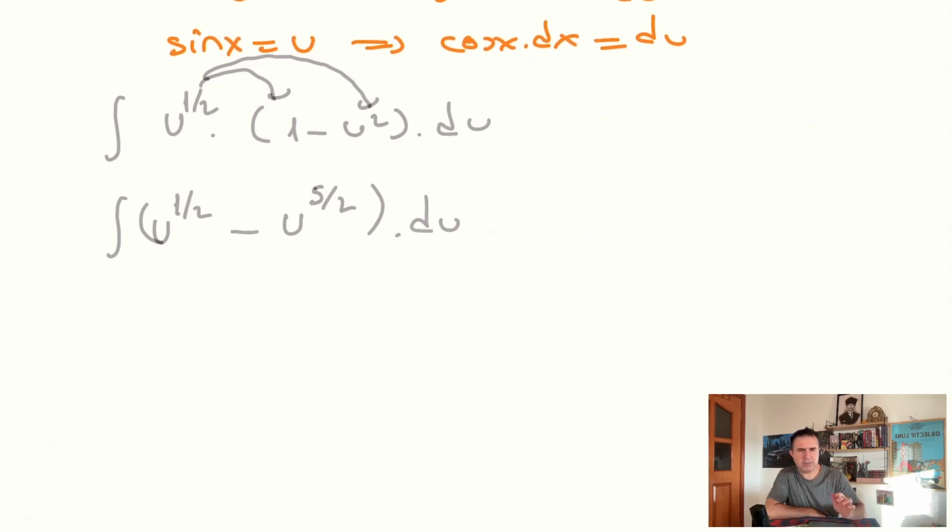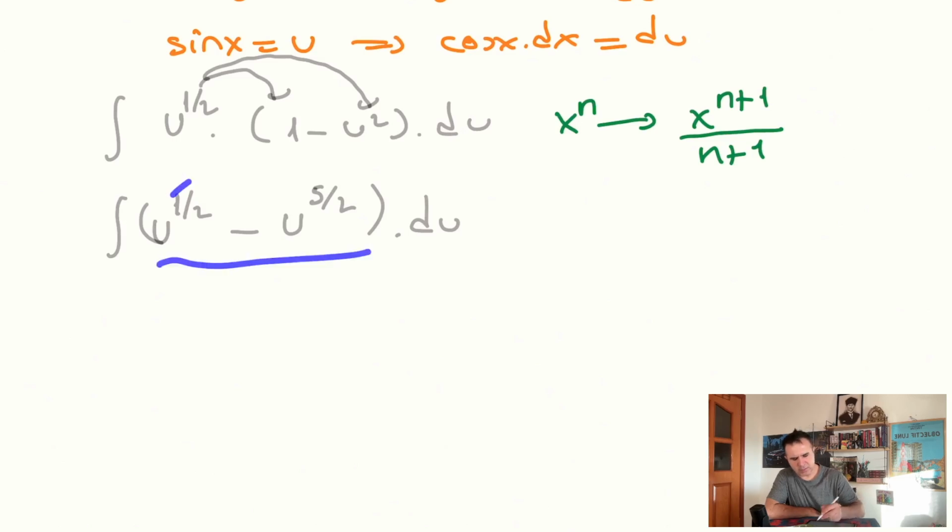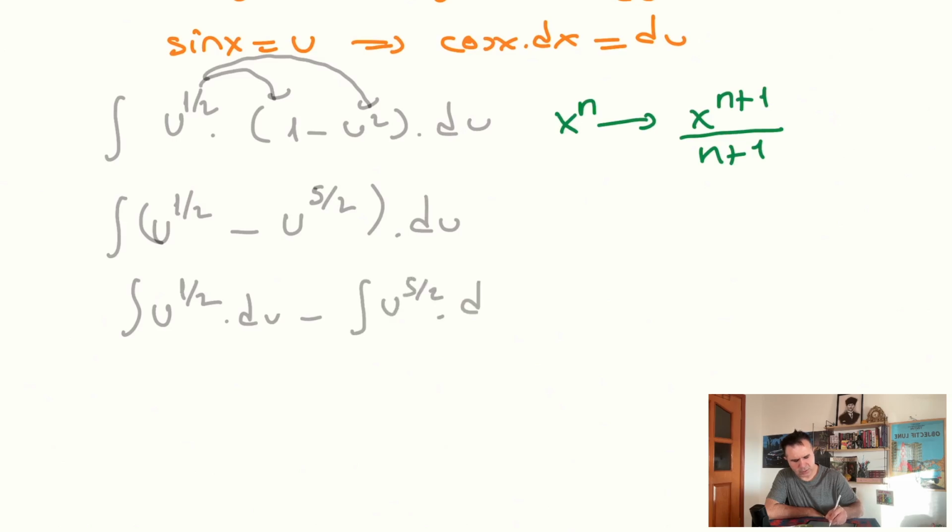And now remember, if we have a function x to the n, to integrate it, we add 1 to the exponent and divide by the new exponent. We have here the integral of u to the power of 1 over 2 du minus the integral of u to the power of 5 over 2 du.